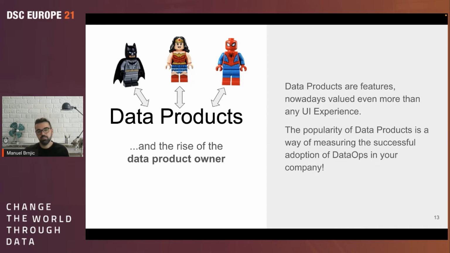But data products are usually features that you don't provide in the first place to an end user. Usually those data products are reliable data sets that are easily accessible, that you can quickly find if you have the access rights, of course, as a data scientist, and immediately see, based on, for example, a data catalog, some code snippets, how you can quickly consume that data for your use.